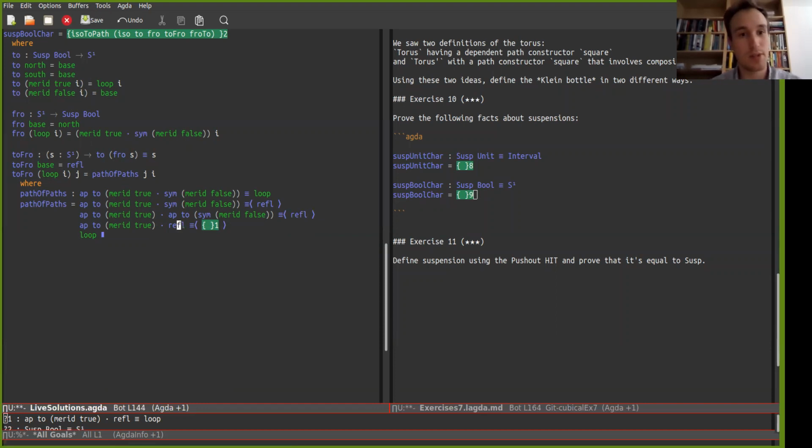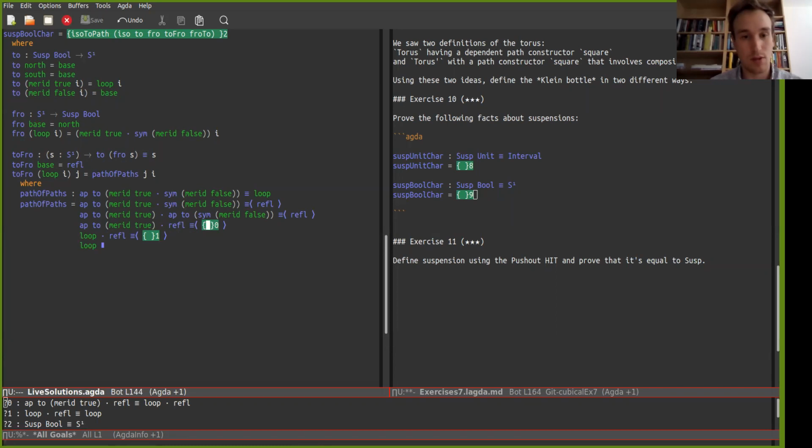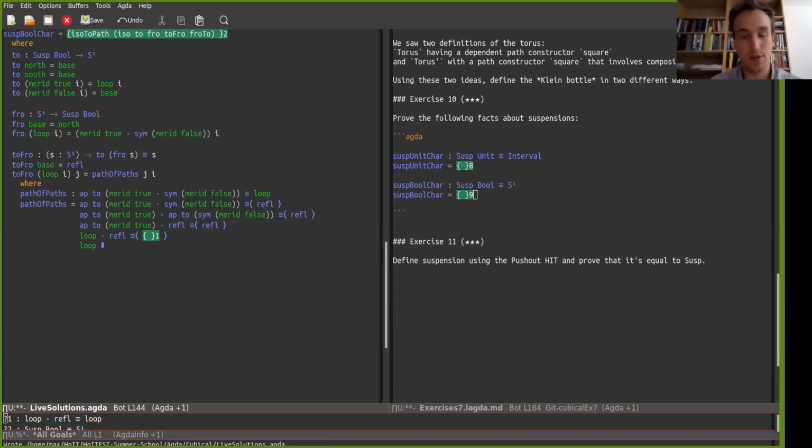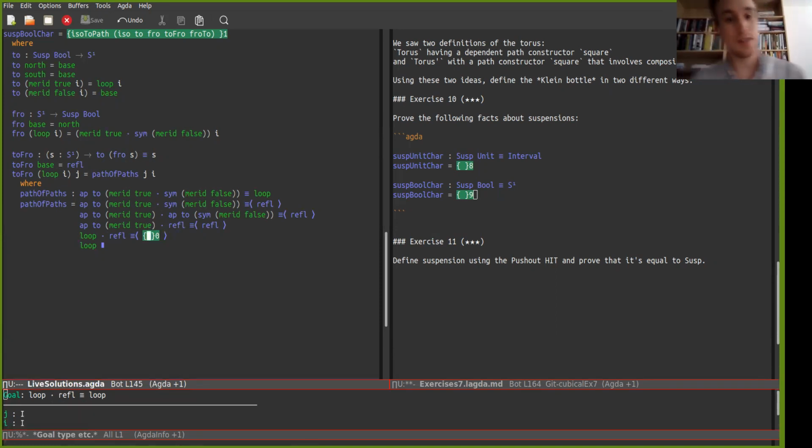And then one more step is, well, we said 2 of mirrored true of I is loop of I, so app to mirrored true, this is just loop. And again, this holds by REFL. So the only thing that's needed here is loop composed with REFL equals loop.